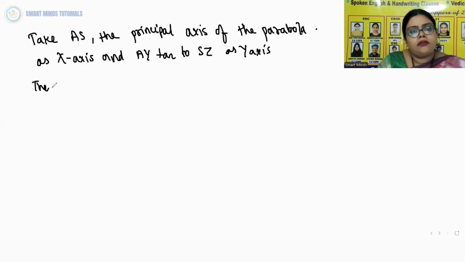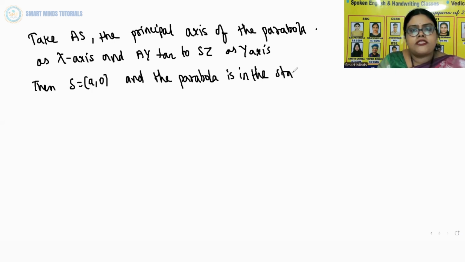Then S is equal to a comma 0 and the parabola is in the standard form. So this is the description. So first we have drawn the figure, then description, and now we start the derivation.